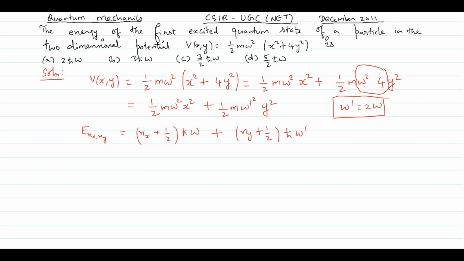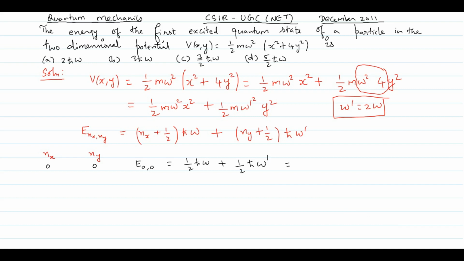For the ground state, let us put nx is equal to 0 and ny is also 0. So E00 is equal to 1 by 2 h cross omega plus 1 by 2 h cross omega prime.